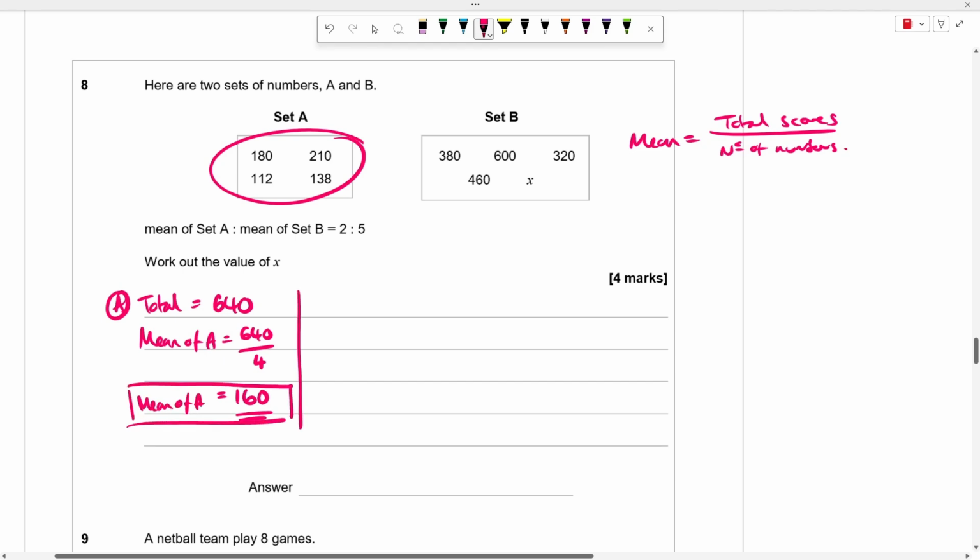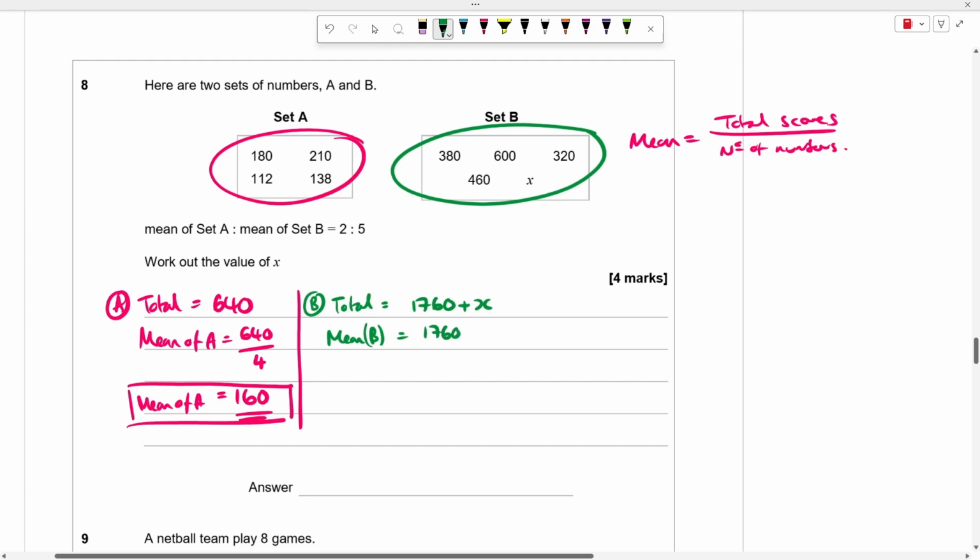I then need to repeat this for set B. The total of set B, if I add up those 4 numbers, is going to give me 1,760 plus X. So the mean of B is going to be 1,760 plus X divided by 5.